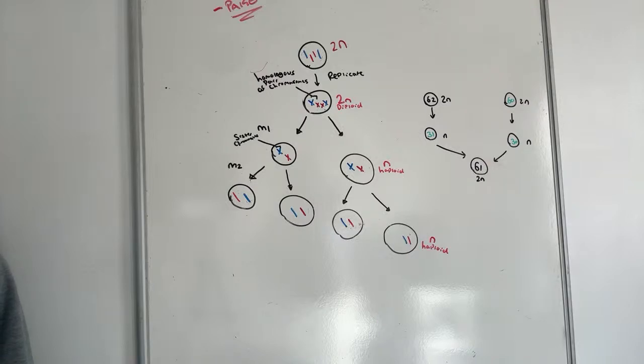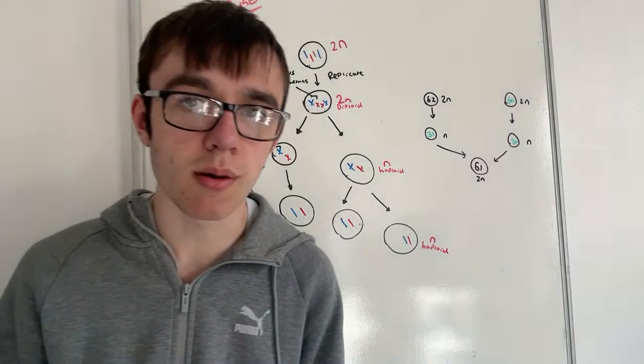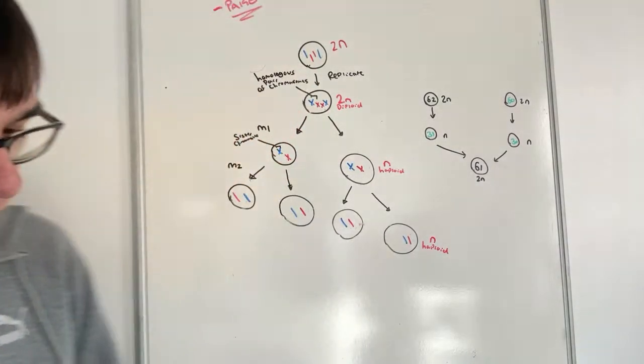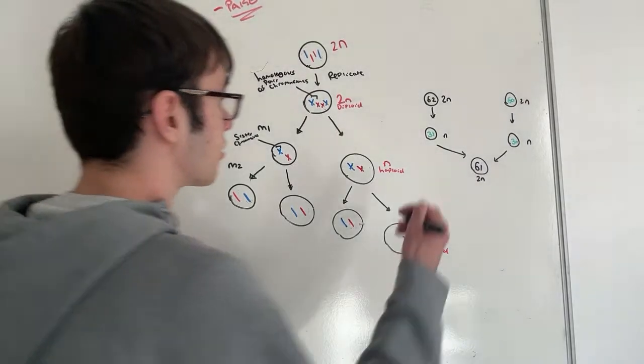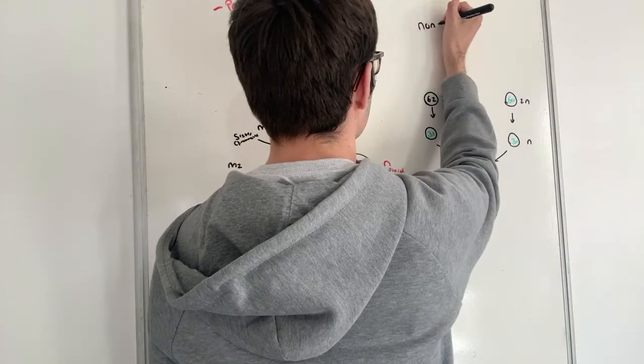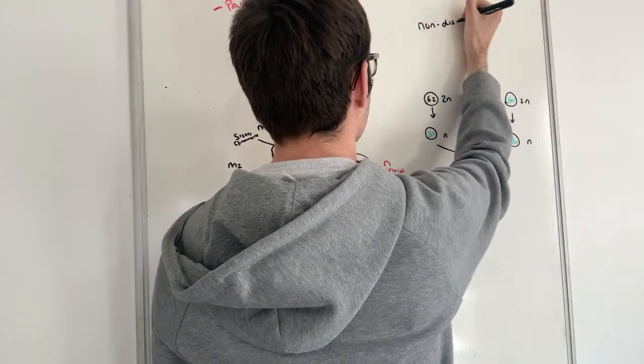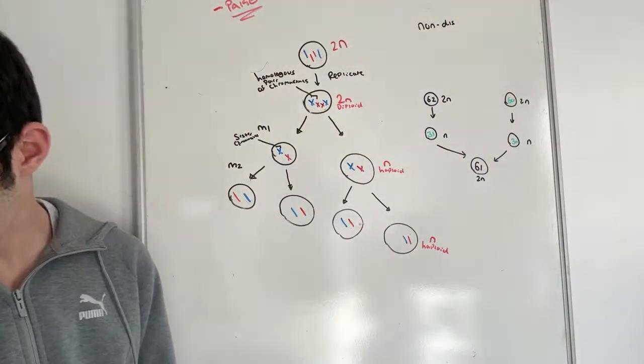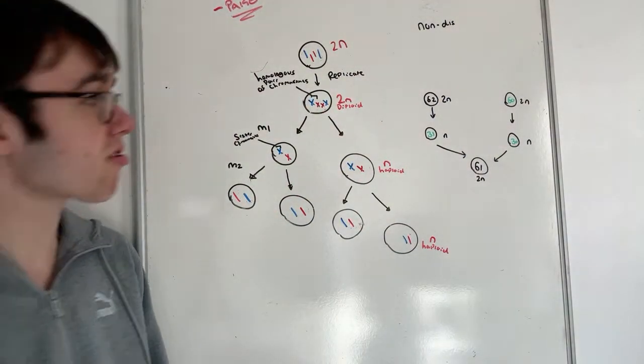Explain your answer. The answer it's apparently looking for is chromosomes not separated. Okay, cool. That is something very easy, but we can drill into our heads. Is it non-disjunction? Yes, non-disjunction.